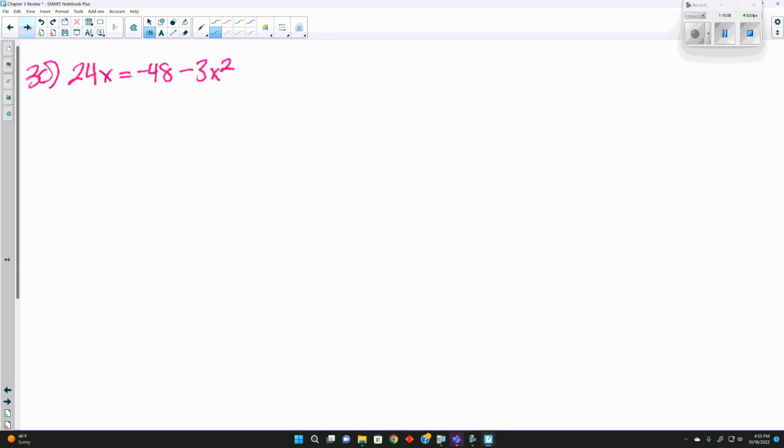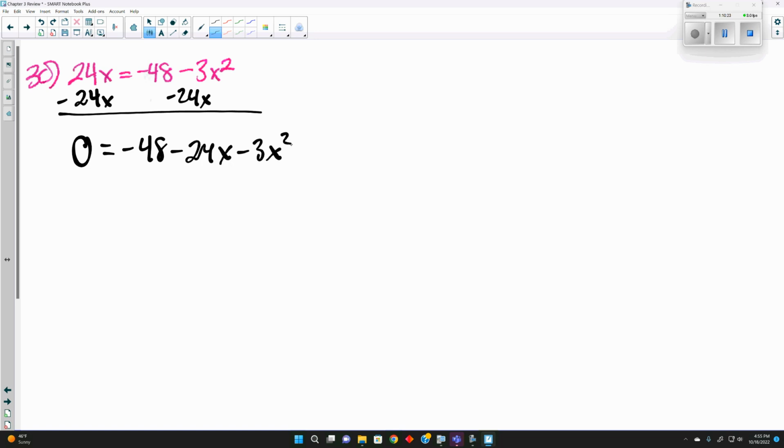Now the last one we have, again, we do need to get this equal to 0. So what I could do is subtract 24x from both sides. 0 is equal to, we can say, negative 48 minus 24x minus 3x squared. Now for us that's a little bit backwards because normally we have the x squared in front, followed by x, followed by the term without a variable.